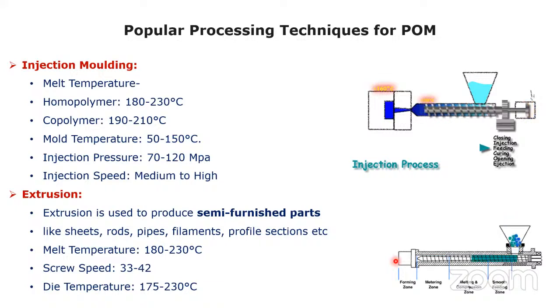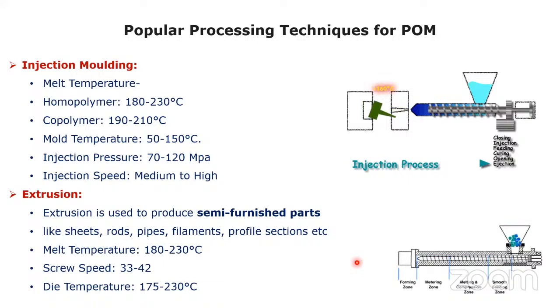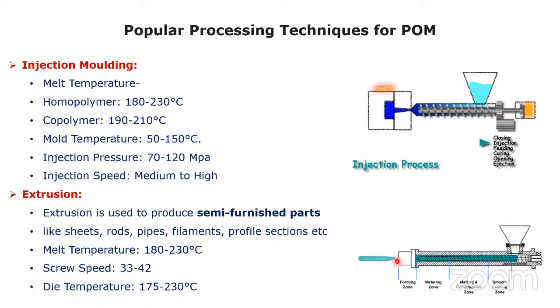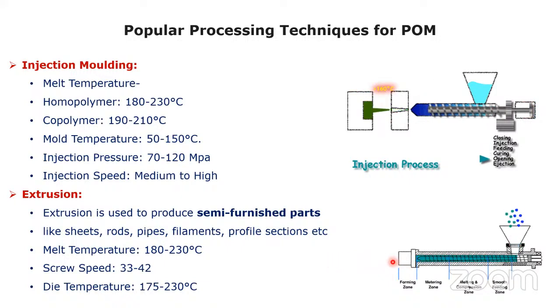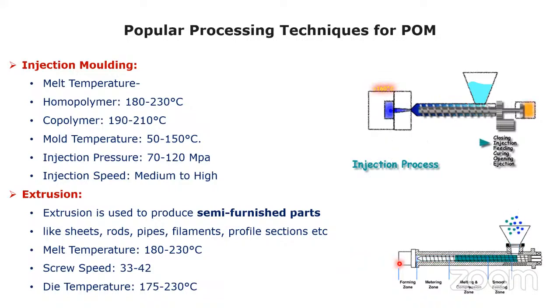After the die, long thread-type material will come out, strands, or if the die is for a sheet, then a sheet. There will be a die with different sizes and numbers of strands coming from there.